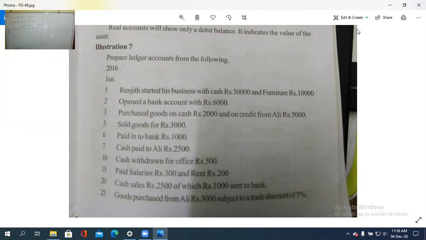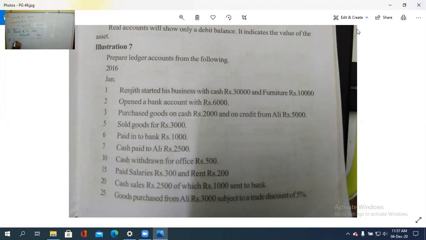Second entry, what is that? Opened a bank account with rupees 6,000. So bank account debtor to cash account 6,000. This is the second entry. Third is purchased goods on cash 2,000 and on credit from Ali rupees 5,000.